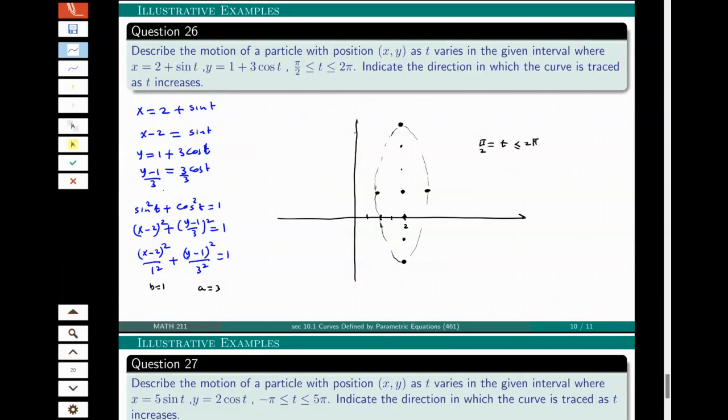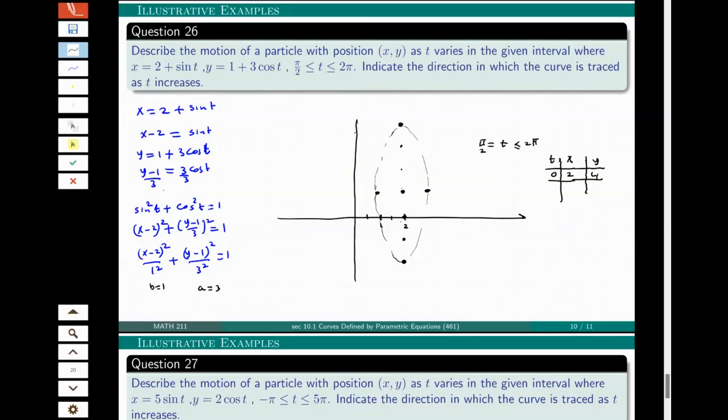When I select t to be 0, what will I get? x, sine 0 is 0, so I'll get 2. y will be cosine 0, which is 1, so it will be 4. 2 and 4.